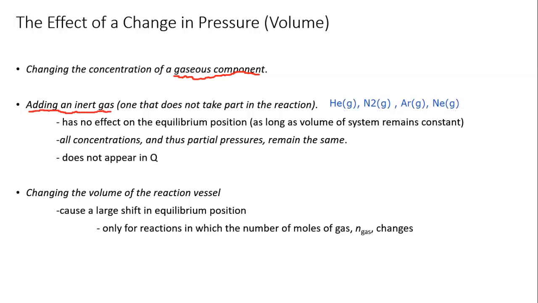Now, when you add an inert gas, it has no effect on the equilibrium as long as the volume of the system remains constant. So if it says in the problem that we added an inert gas and there was no change in volume, then there's no effect to equilibrium. So all the concentrations and partial pressures are the same.